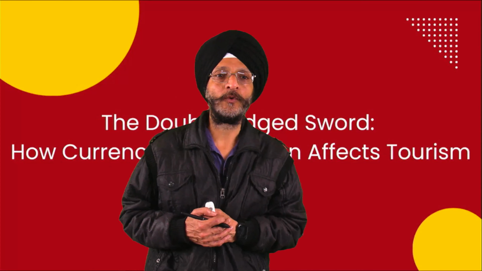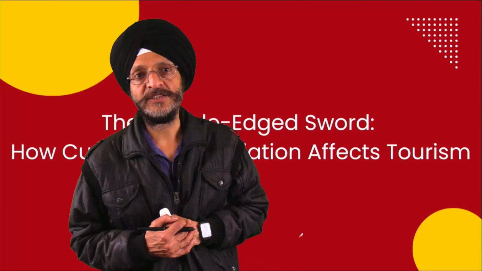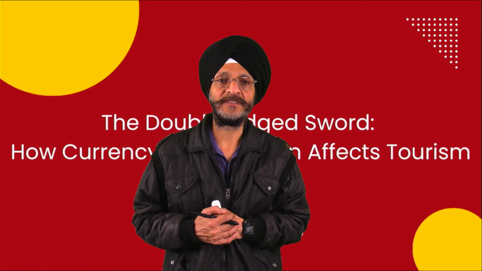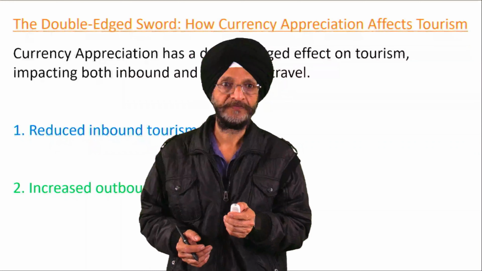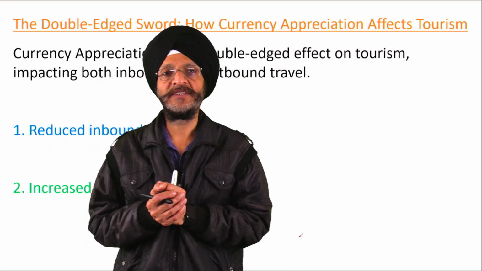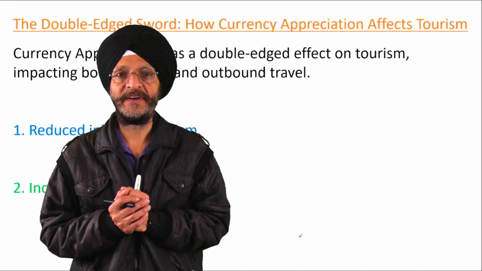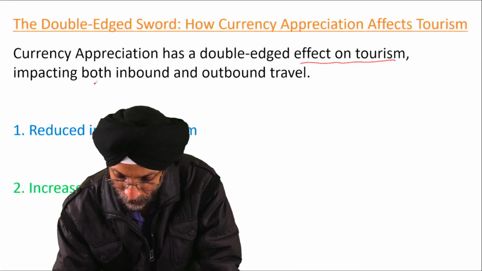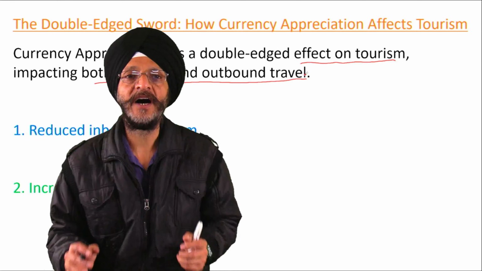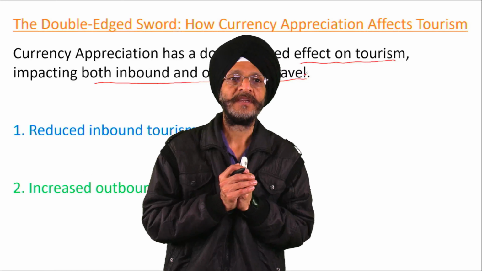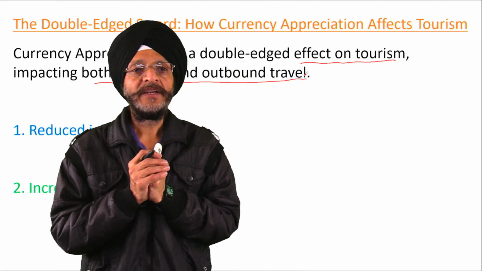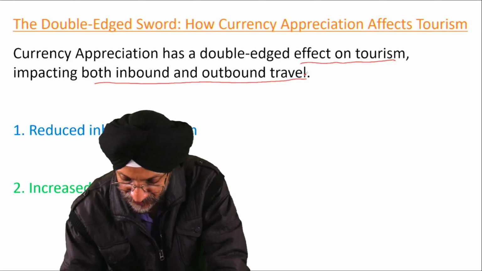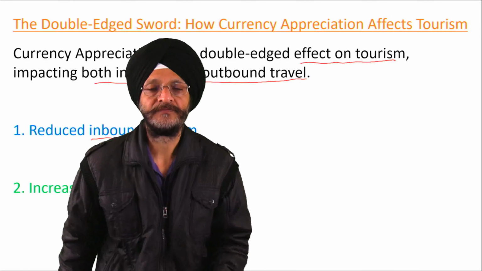Now the topic before us is the double-edged sword, how currency appreciation affects tourism. Currency appreciation has a double-edged effect on tourism. It affects both inbound and outbound travel. First is, it adversely affects inbound tourism.